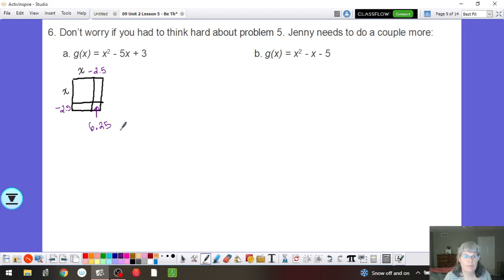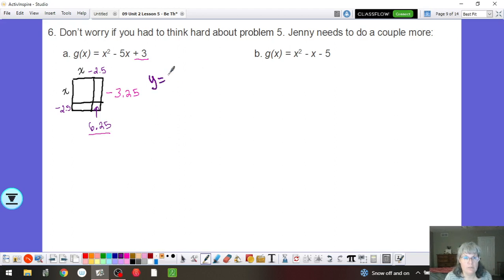Yes, 6.25. So if we compare that with the 3, that's 3.25 more than we need. So we need to subtract 3.25. So our equation is, let's start there.